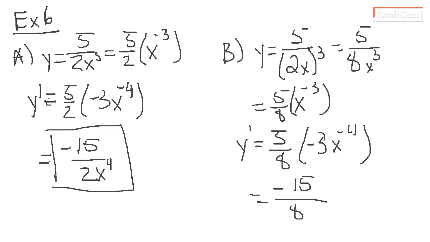And if we bring that negative exponent where it's supposed to be, we bring it down to the denominator, and then we can make the exponent positive. So our answer is going to be negative 15 over 8x to the 4th. That is the derivative of 5 over, in parentheses, 2x, that whole quantity cubed. Let's look at 2 more.